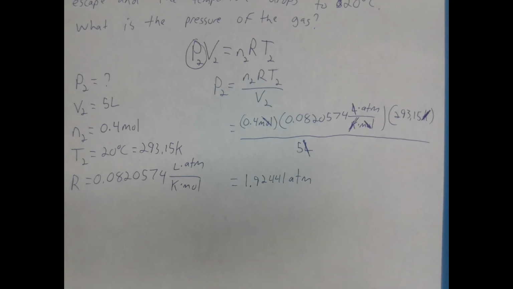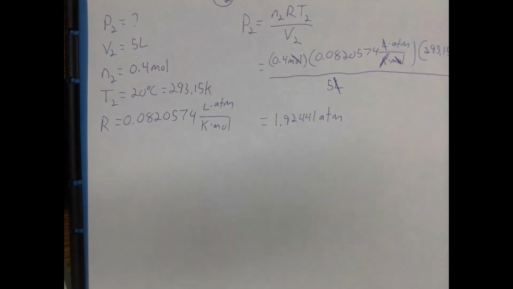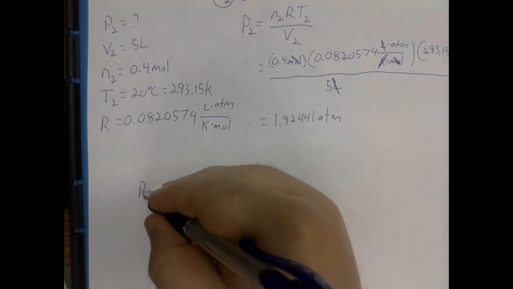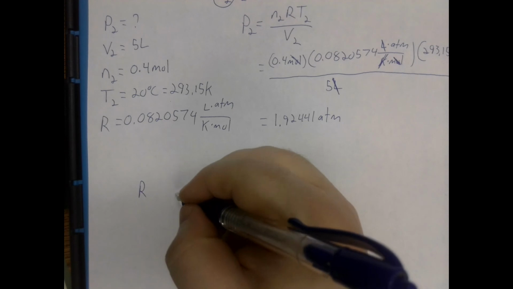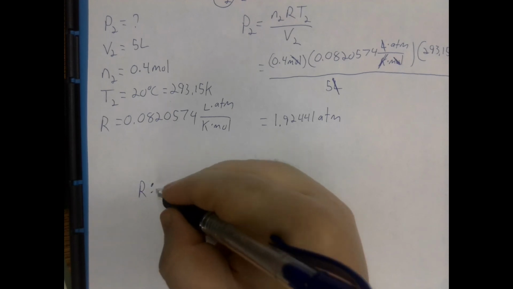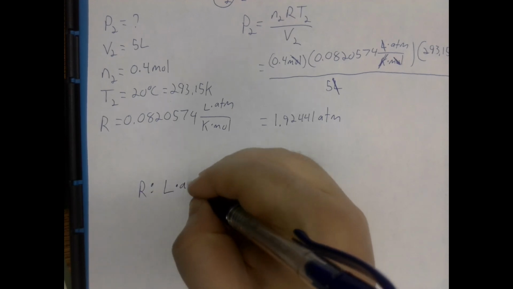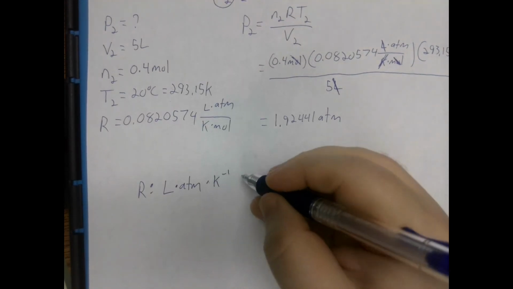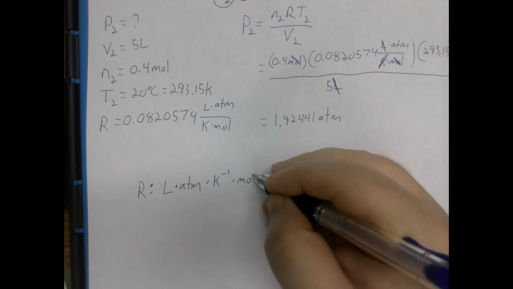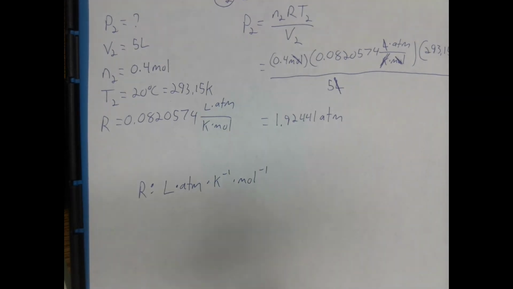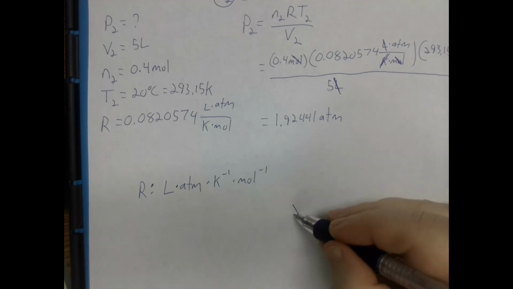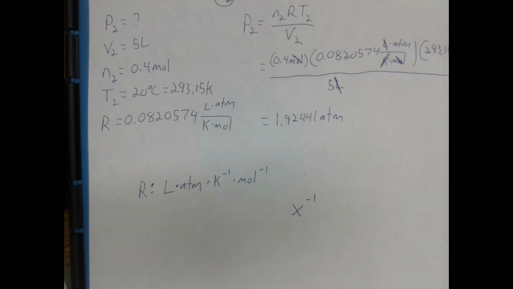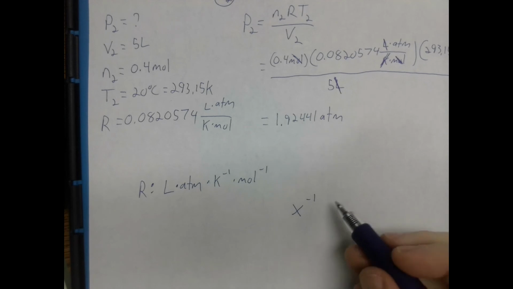By the way, if you ever see this notation, usually the units for R, if they use atmospheres, correspond to something like liters times atmospheres times Kelvin to the -1 times mole to the -1. What does this -1 mean? If I took X and raised it to the -1, what does this equal?